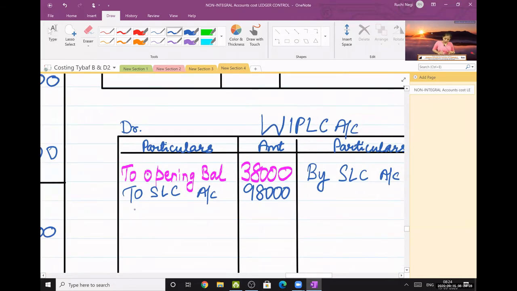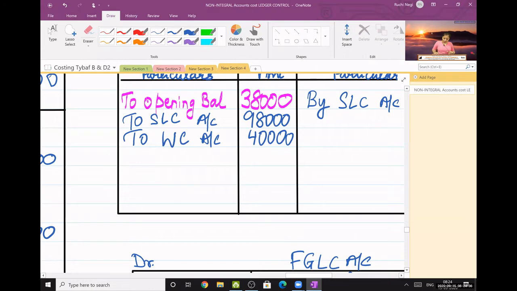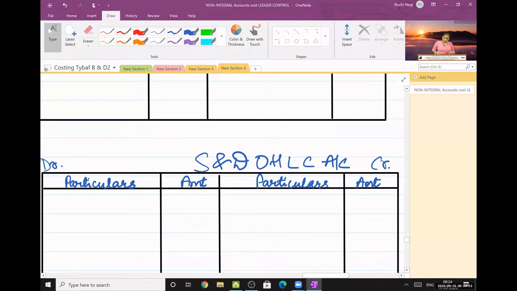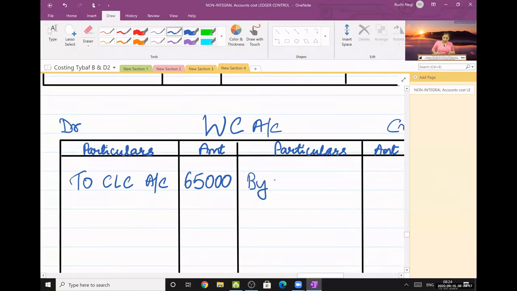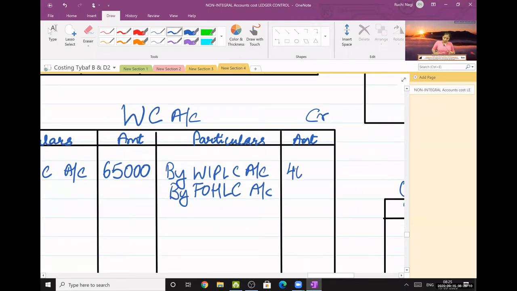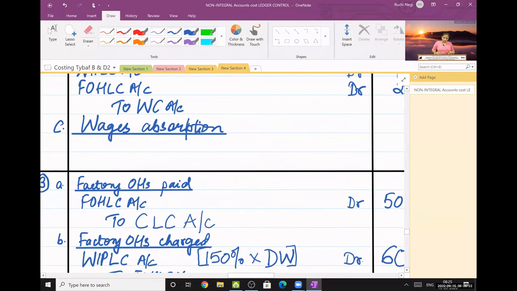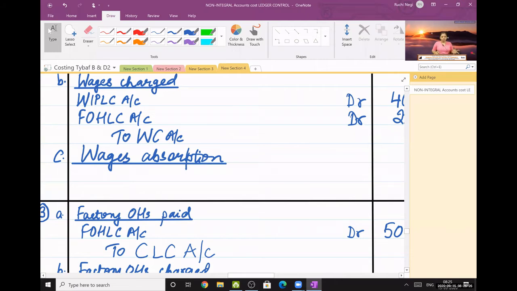So WIP to wage control 40,000 and factory overheads to wage control 25,000. इसका second effect obviously will go to wage control credit side, charge का entry by WIP ledger control account and by FOH ledger control account, 40,000, 25,000. बाकी पे हो गया, चार्ज हो गया, absorption we will see it from the ledger. Whether it tallies or whether there is a balance.